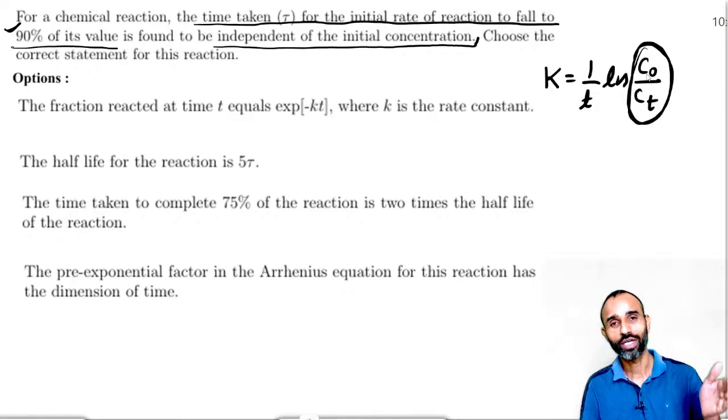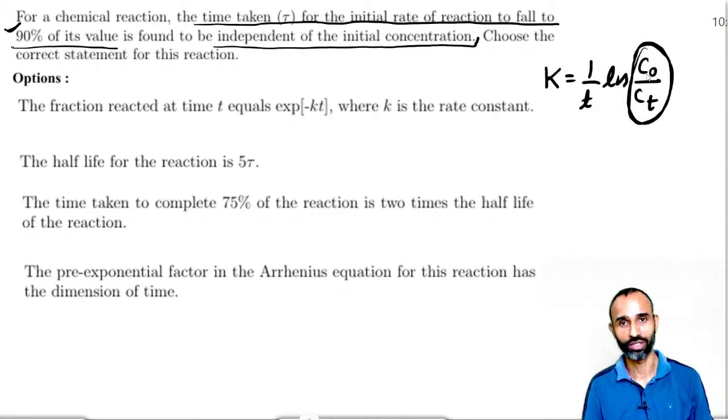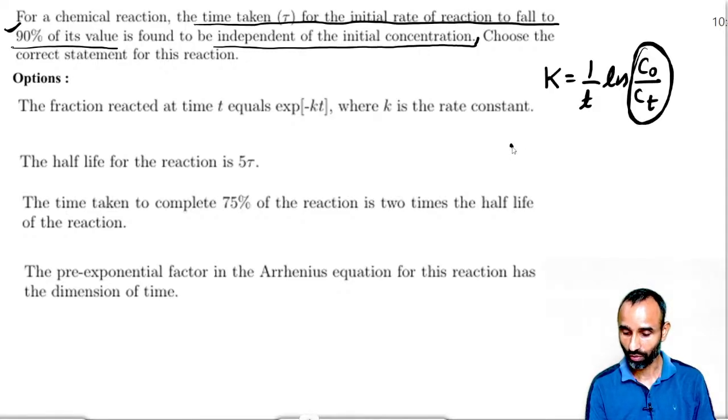So it is either 80%, 20%, any fraction. If it is independent of initial concentration, that means it is a first order reaction. See, in case of 90%, what is the value? 100 by 10.